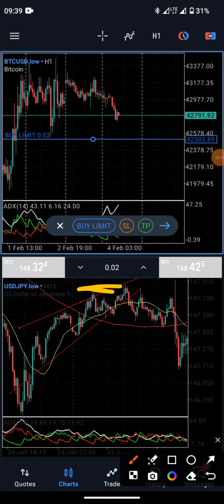Because with a buy limit, you're buying at a price below the current market price. So your price has to be at this point that I just marked before you can now set your buy limit at this point. All right, but for you to avoid staying glued to your screen all day and waiting for that to happen, you now use your buy stop limit.